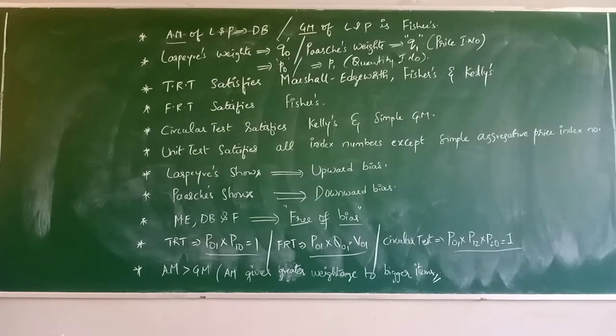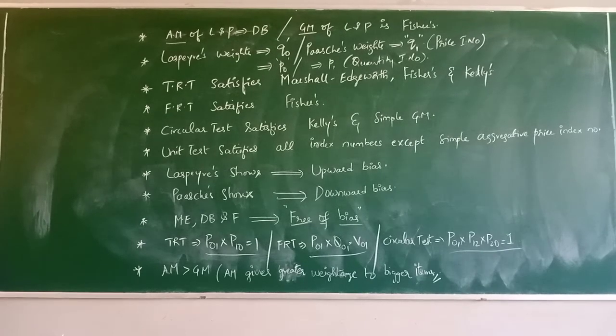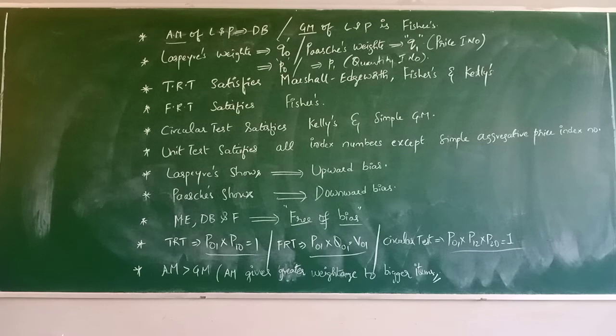Which system of weights is used for Laspeyres price index number? Base year quantity, Q0. And which system of weights is used for computing Paasche's price index number? Current year quantity, Q1. So whenever it is asked for price index number, for Laspeyres price, consider the weights as base year quantities, and for Paasche's price, consider the weights as current year quantities.